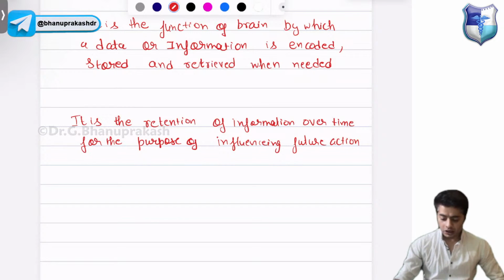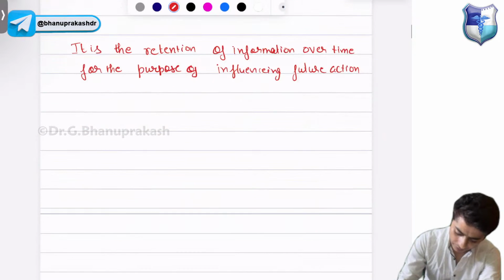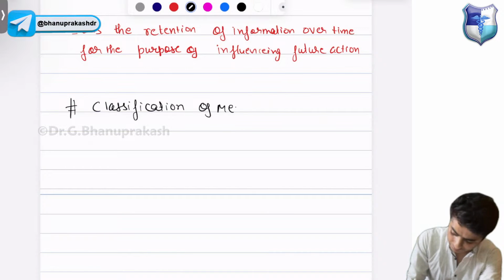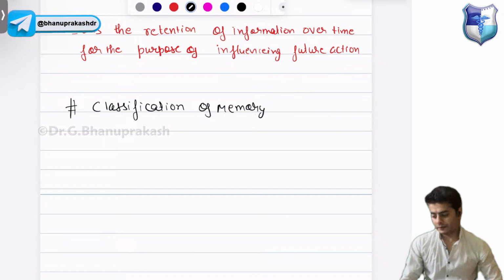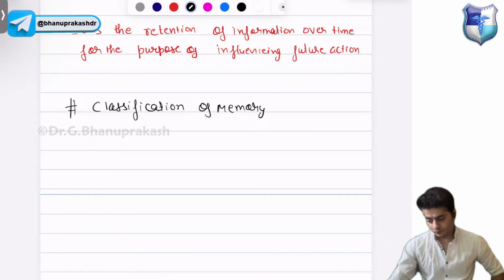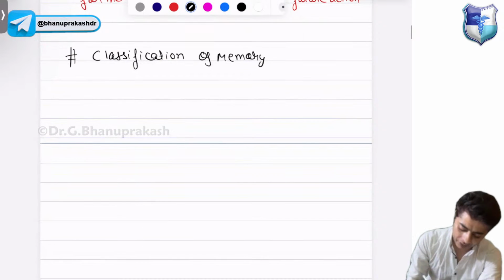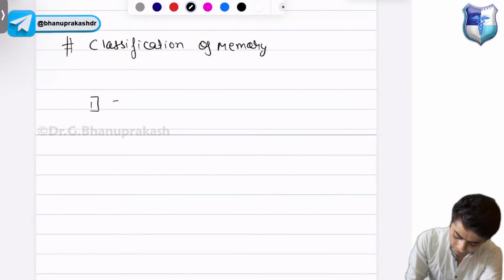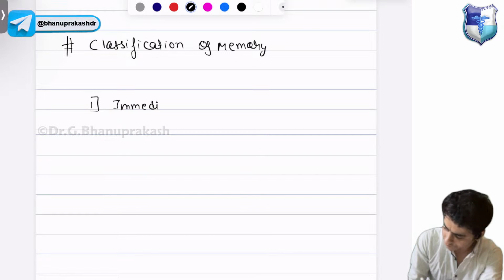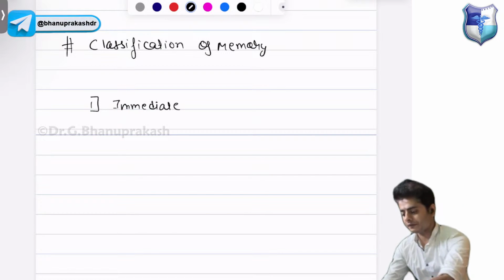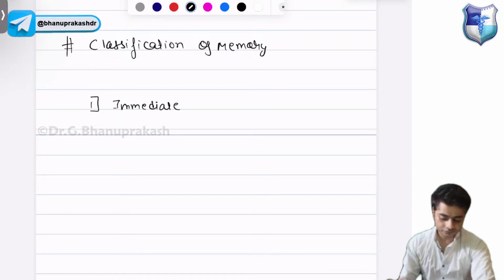So now we'll proceed to the classification of memory. Our memory is generally classified into three parts. First is your immediate memory.